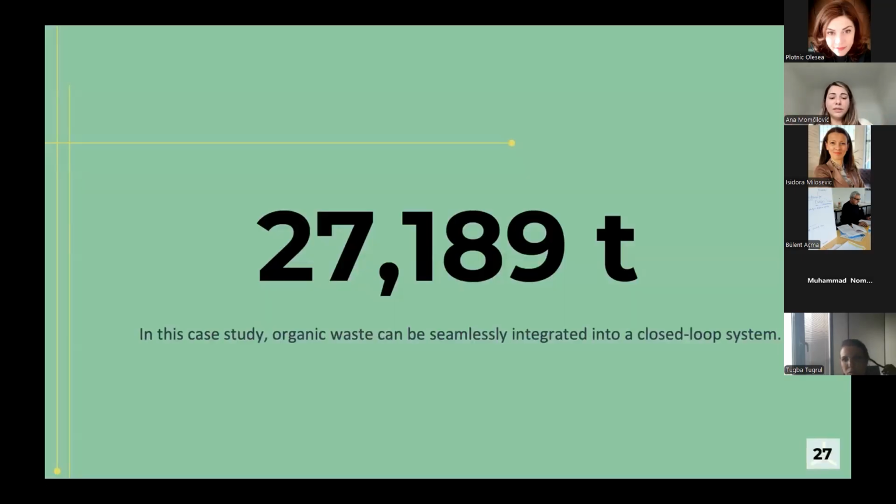Also, really important, 27,000 tons of organic waste in 1 year could be treated and integrated in a closed loop system in the city of Niš, and that is 27,000 tons less waste that ends up in landfills.